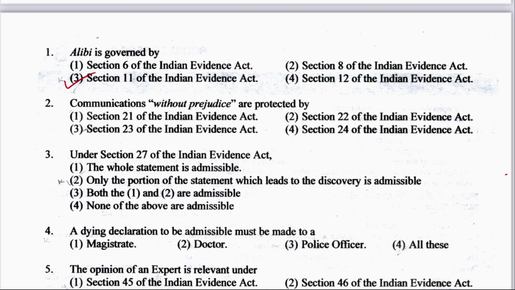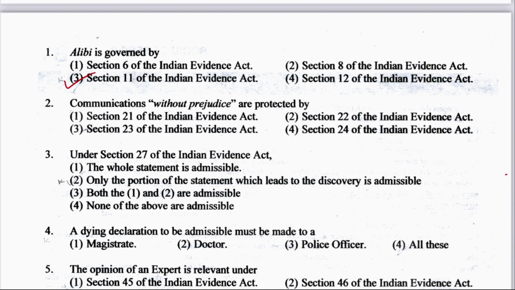Now, question second. Communication without prejudice is protected by which section? Section 21 of Indian Evidence Act, or 22, or 23, or 24. So what does section 21 say? Section 21 of Indian Evidence Act talks about proof of admissions against persons making them and by or on their behalf.